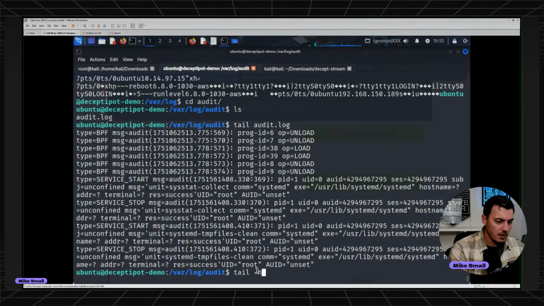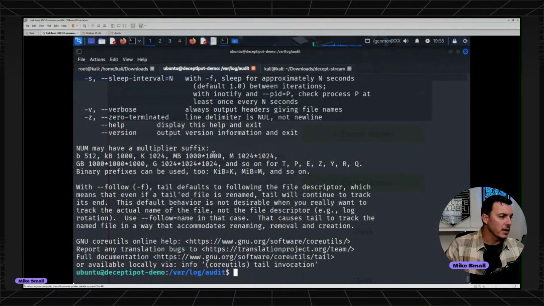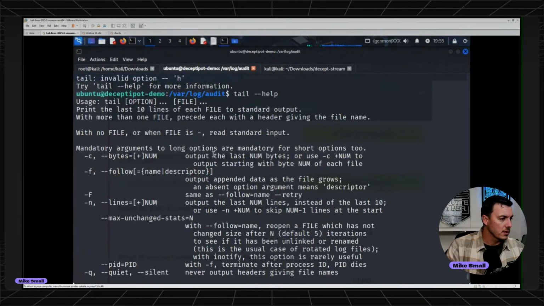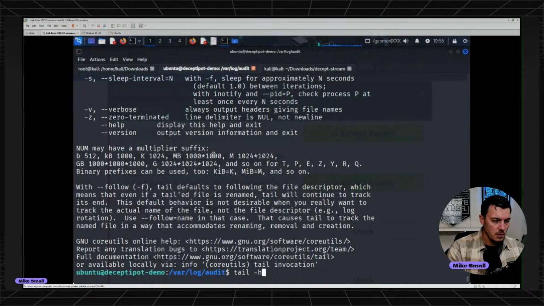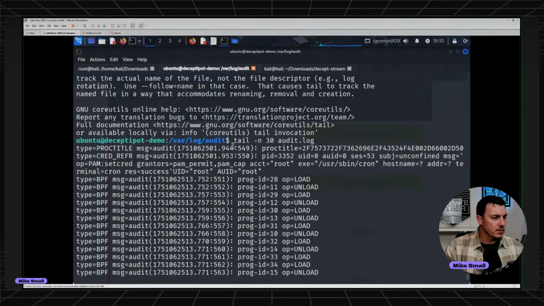I forgot which one it is. How many lines? I want like 50 lines. There it is, it was -n. Tail -n, we'll do 30. And we're just looking to see if there's anything interesting in here.